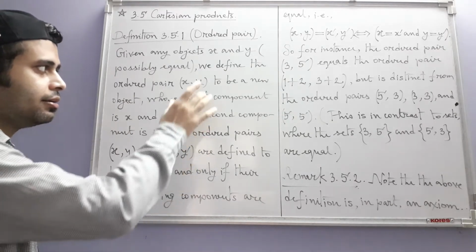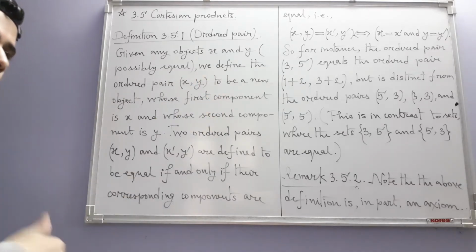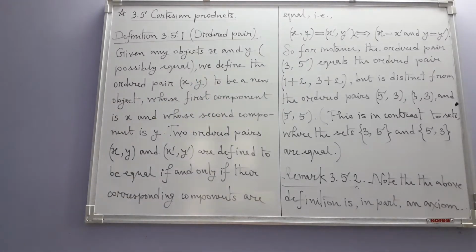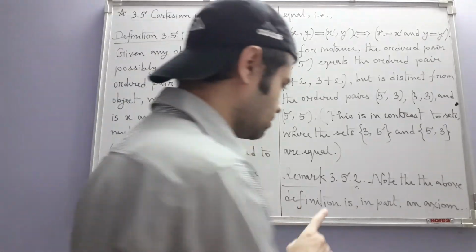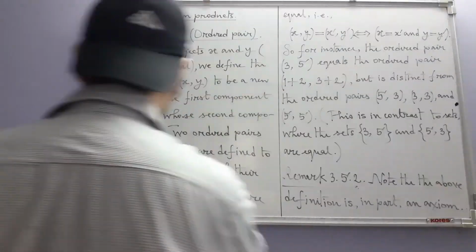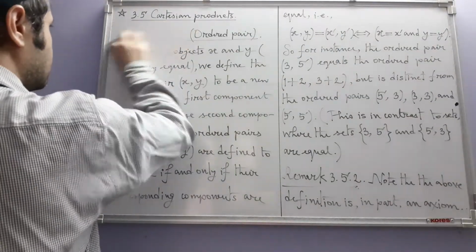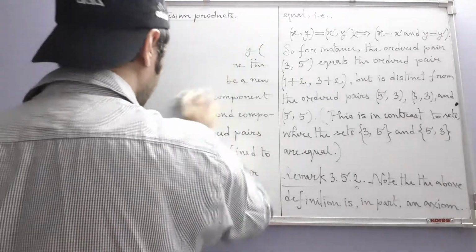In fact, we can define an ordered pair using only whatever we have got in set theory so far. So this remark says that. Let us write some more things about it.